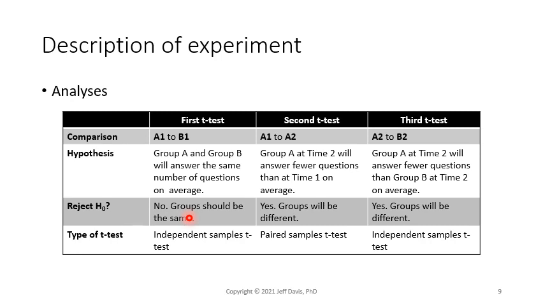So here's one of the cases where we hope that the null will not be rejected, because that would mean this hypothesis is correct: Group A and Group B at time 1 look exactly alike, or they are very similar to each other. The type of t-test this is an independent samples t-test.